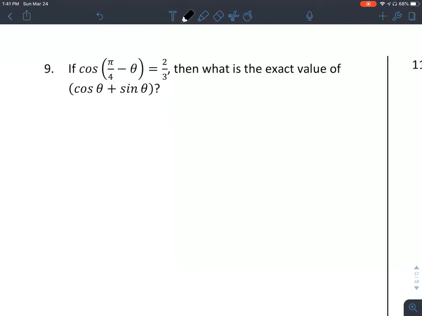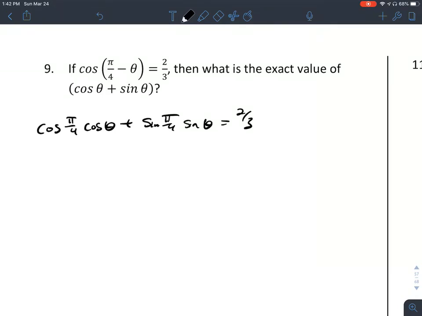Cosine of pi over 4 minus theta equals 2/3. What's the exact value of this sum? Well, let's just see what happens. Don't have a plan, but I do know this is the difference identity for cosine. If you don't know that, then you need to do yourself some studying.